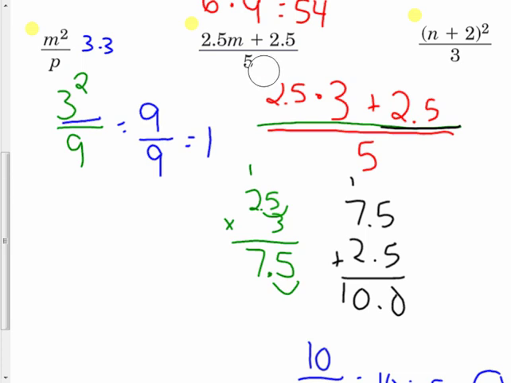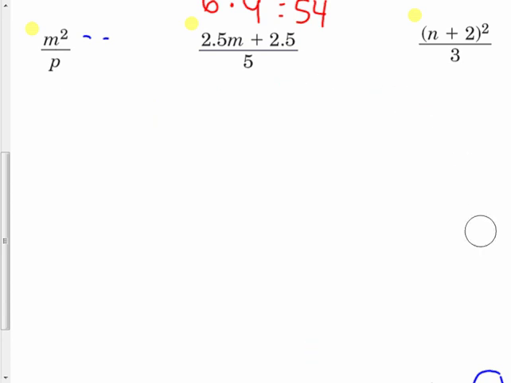I'm going to clear things here to get us some space before we take a look at one last example, and that's our n plus 2, all of that squared over 3. And I need to go back up to my rules.